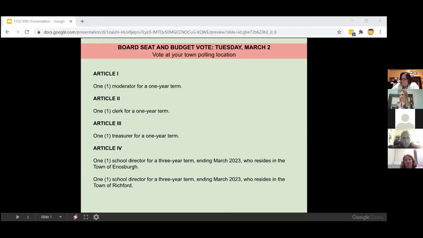So you're going to be going to your polling place if you haven't requested a mail-in ballot. You'd be going to your polling locations to vote on these articles. So Articles 1, 2, and 3 are typically voted on from the floor, but as I said, this year you're going to be voting on them on the Australian ballot, which is a moderator, a clerk, and a treasurer.